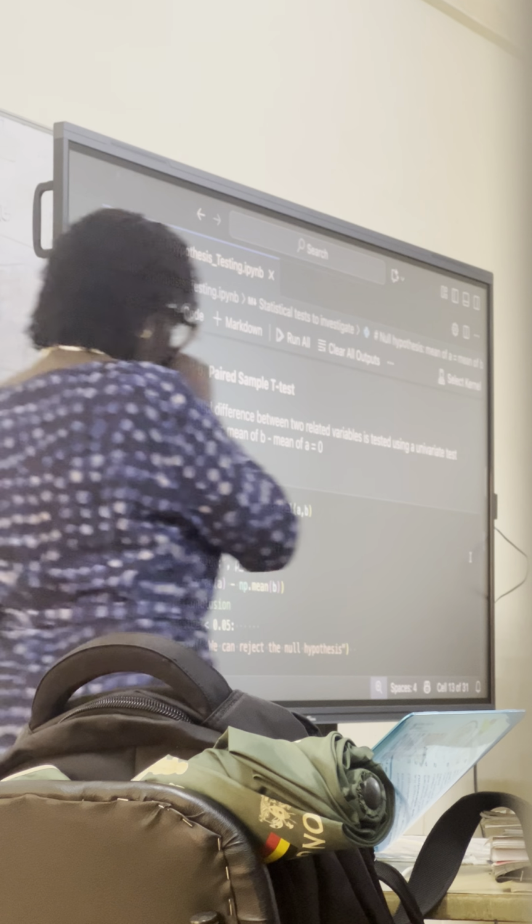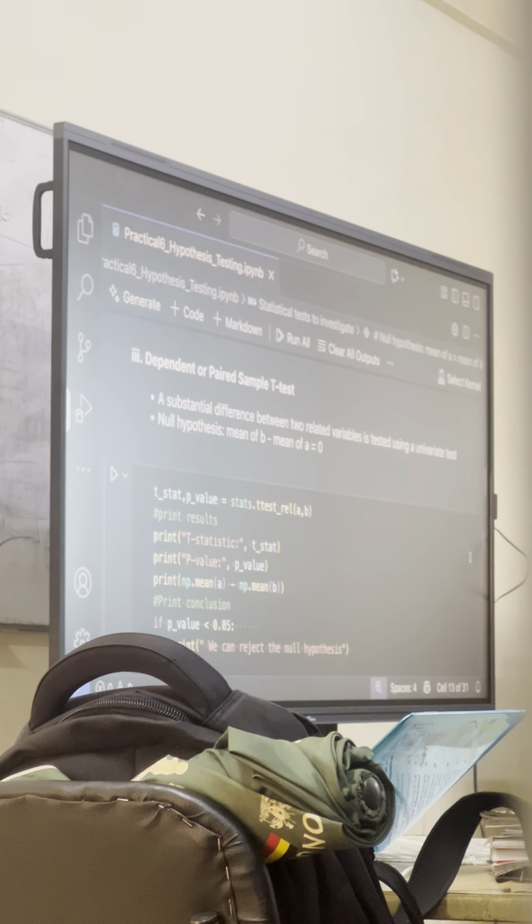When you are looking at individual variables and you're looking at their distribution, you are carrying out a test on only one variable. Bivariate would be two variables.